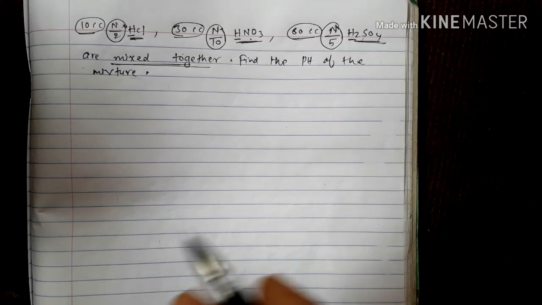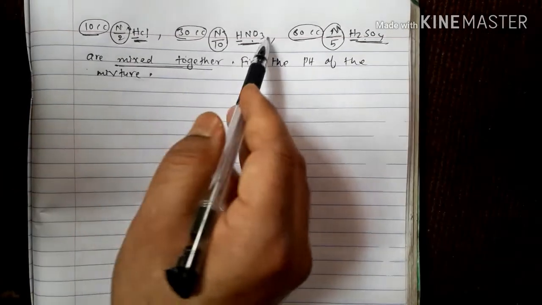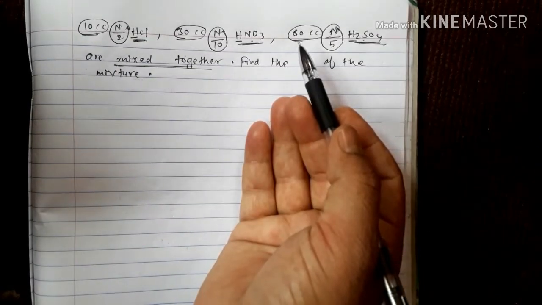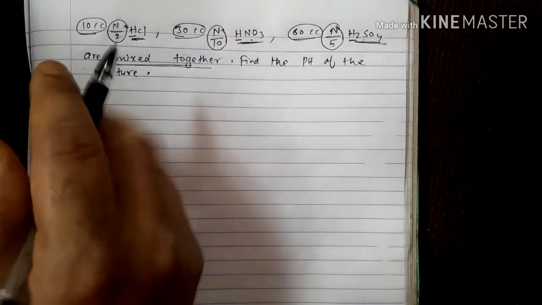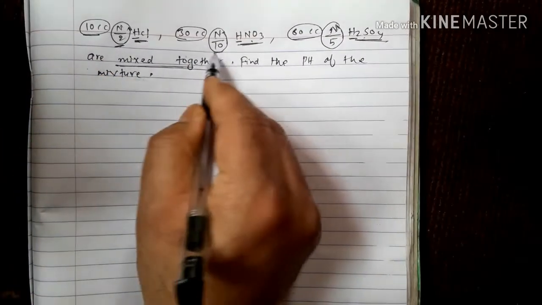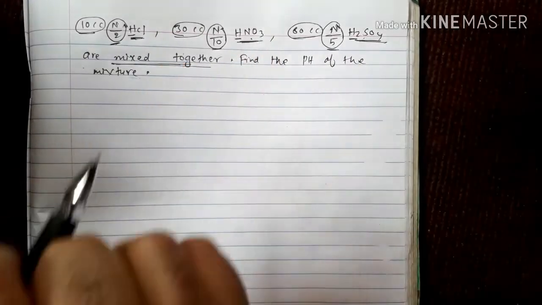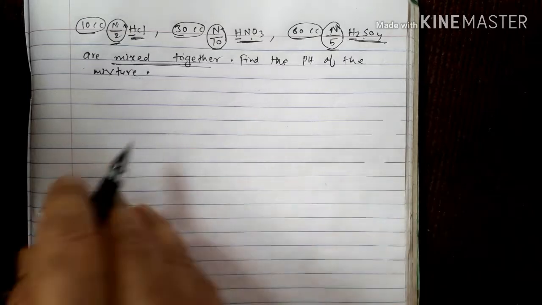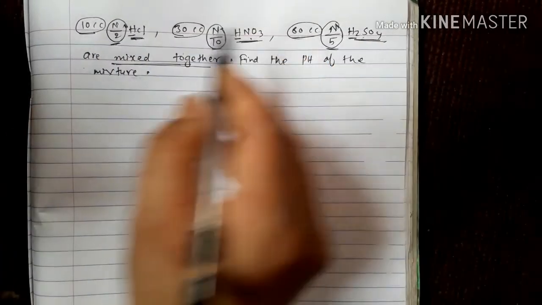The resultant solution has H plus. Therefore, when you mix these three acids, the mixture has a different concentration than the concentrations given, but the mixture contains only H plus ion, and that H plus ion gives pH.